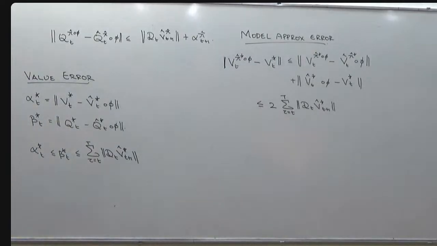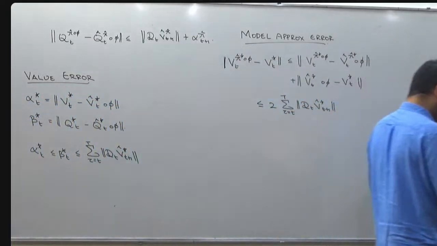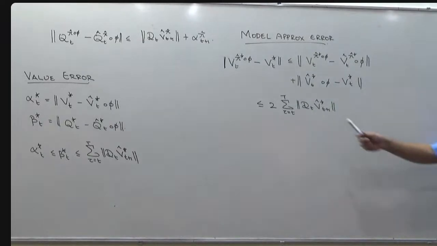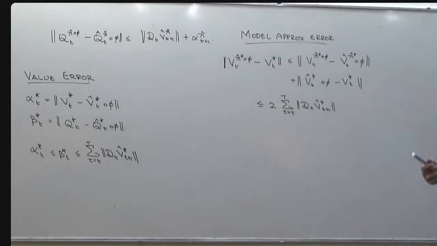Okay. Now, the drawback of this is the same drawback that we had last time. For this I need the ability to do one update in the true model. What if I do not have that? I know that my approximation is within some epsilon delta ball of the true model, but I don't have the ability to do that update.